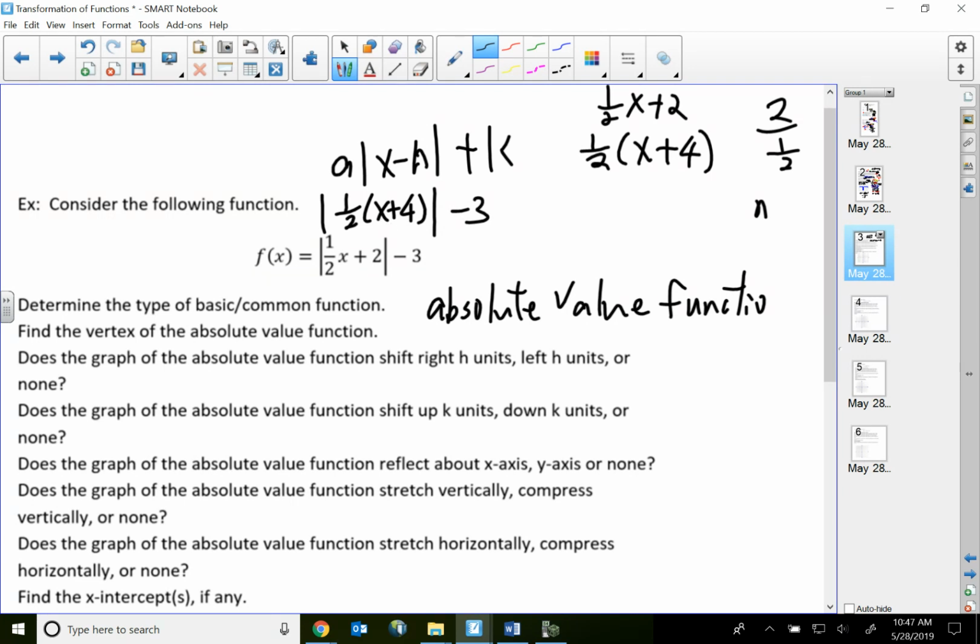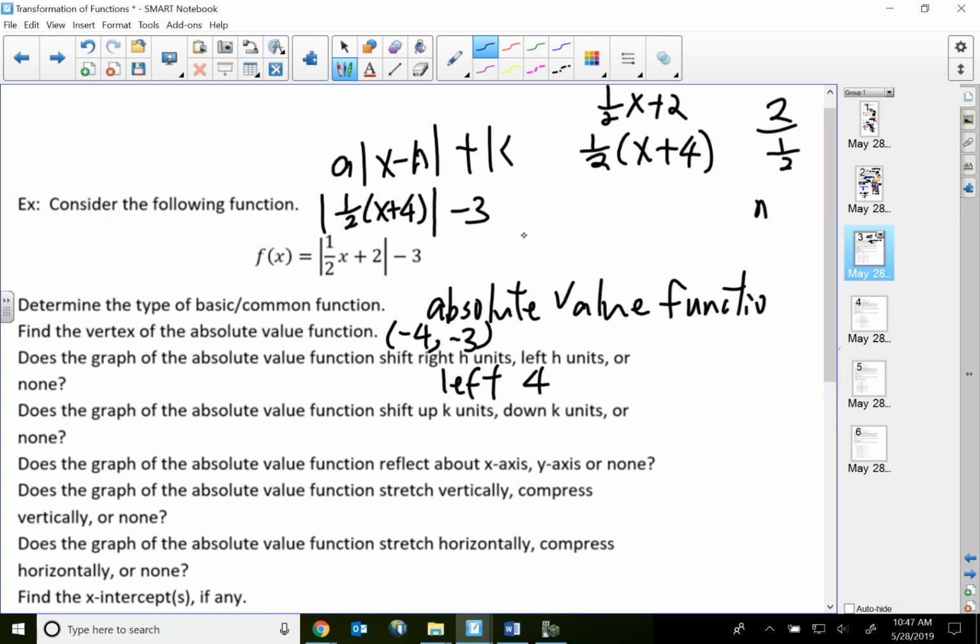Now matching the form x minus h, my vertex has h equal to negative 4, and my k is negative 3. That also tells me my graph has shifted to the left 4 units.